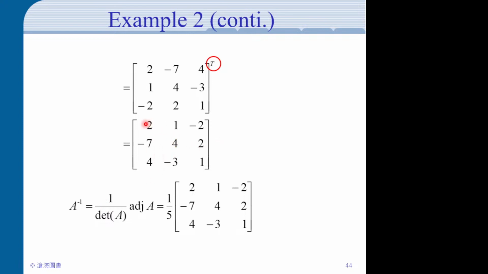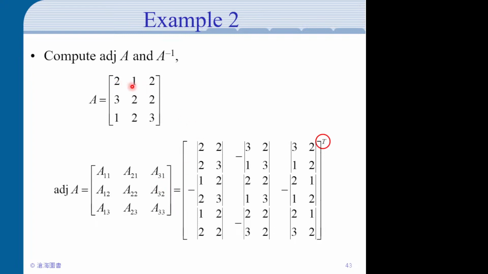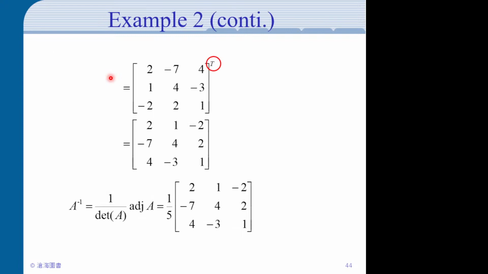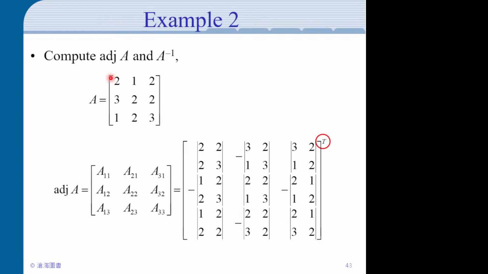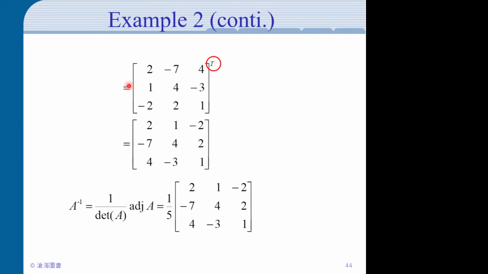So you just multiply this with A. So see the 1, 1 element, so you have 2, minus 7, 4 times 2, 1, 2. So that's 4 minus 7 plus 8. So that's 4 plus 1 equal to 5. So the determinant is actually 5.